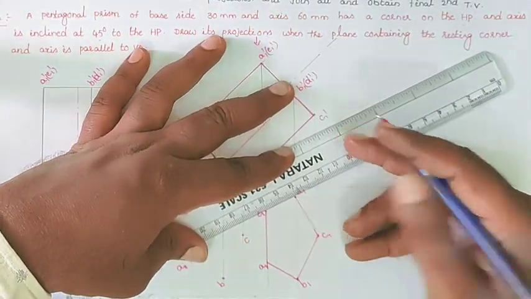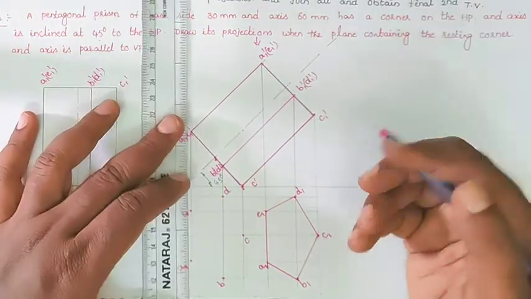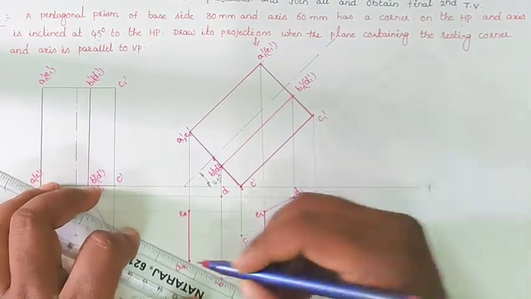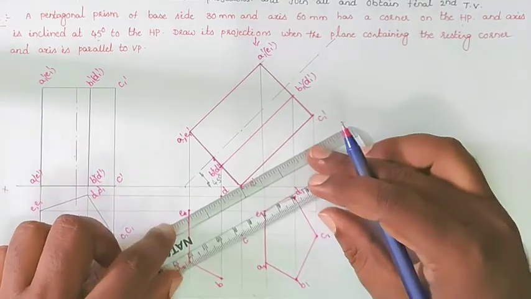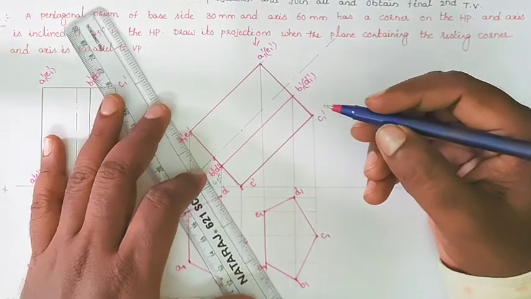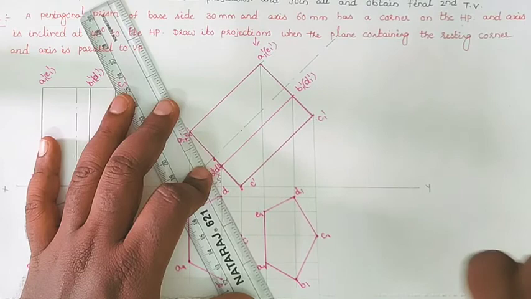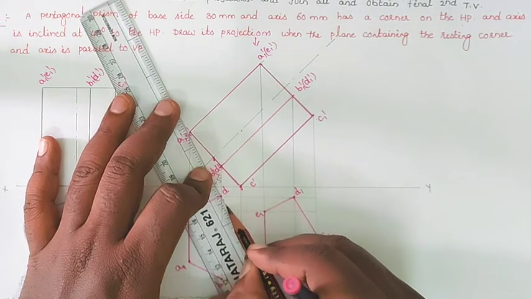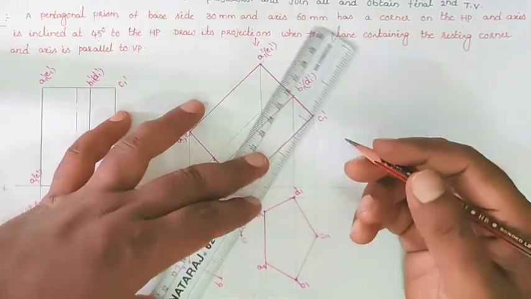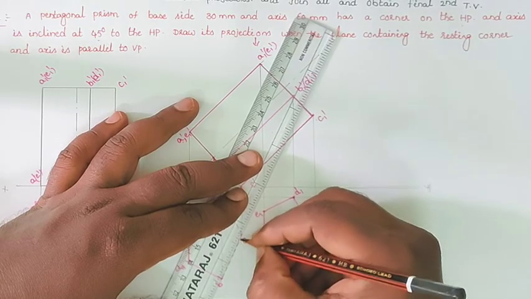After that, we will join the lateral edges, the longitudinal edges. Here A is also visible, joining A, E, and also the AB line, and also the ED line is visible, but C is invisible, so we'll get dotted lines from C, because the point C is invisible here.